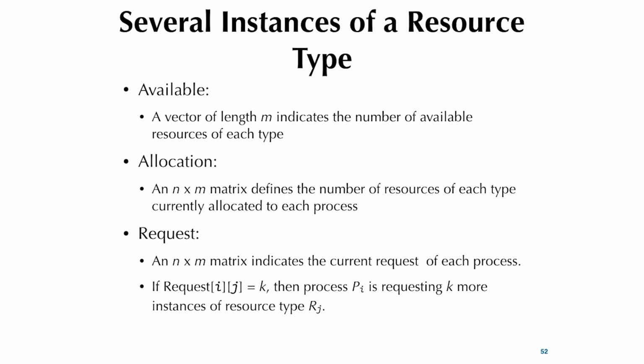These are the actual physical upper limits. That's just given. Allocation is over time: there's request, grant resource, grant. Every time you grant, you put that into allocation, and then you subtract from available.